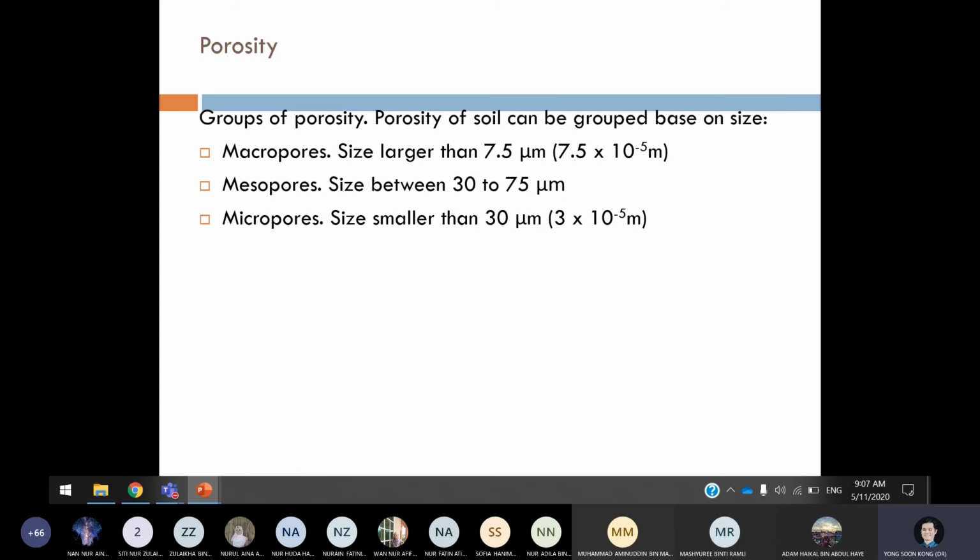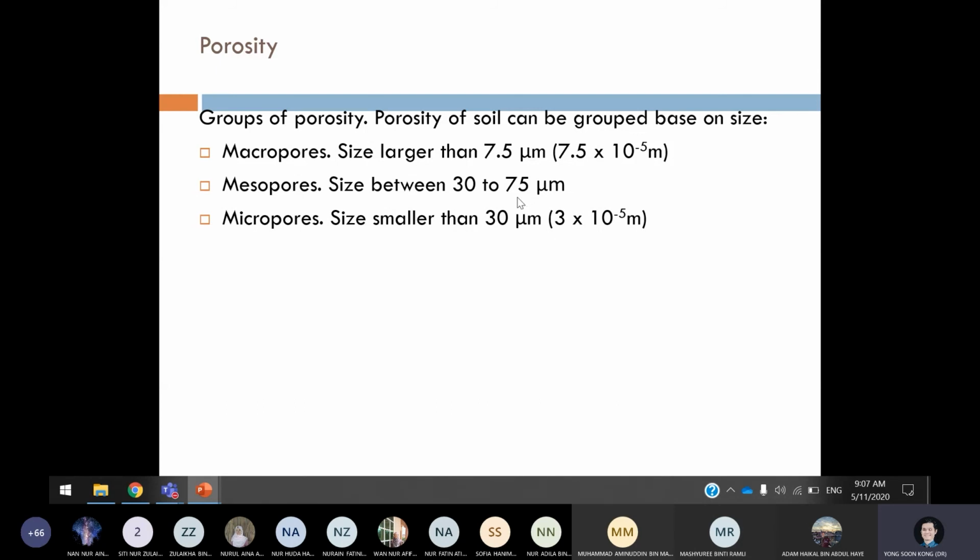Okay, here's what you need to do. You need to know the words, and you also need to know what pore sizes are associated with these three types of pores. I won't read you the sizes, but you need to know. Micropore, what size? Macropore, what is the size? Whatever we talk about here, they are sitting in the micron region.